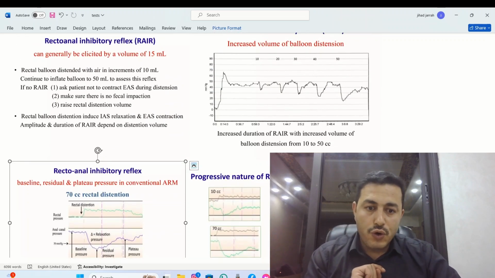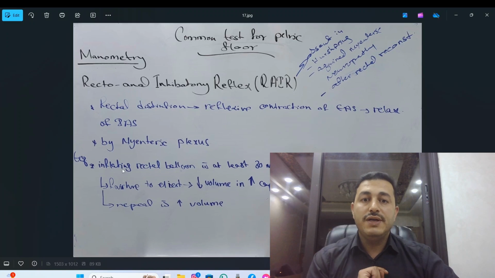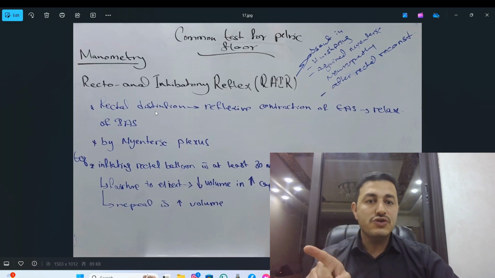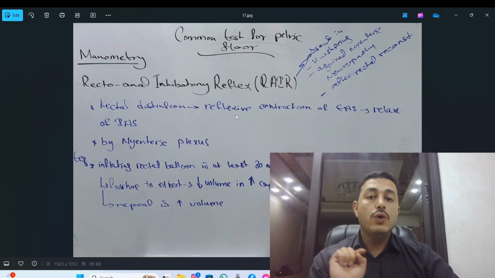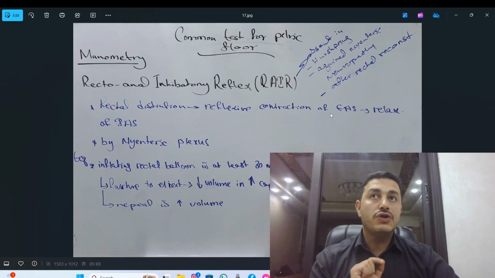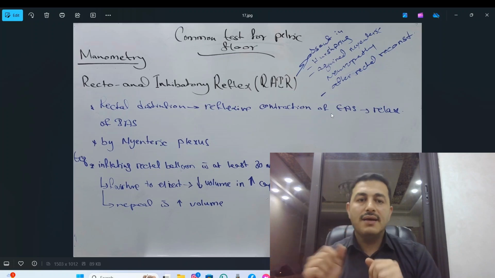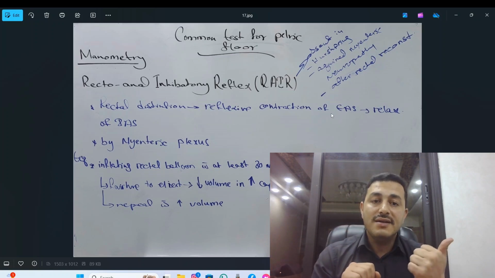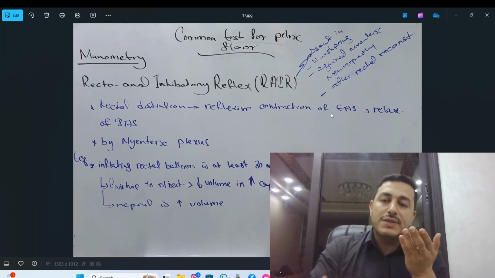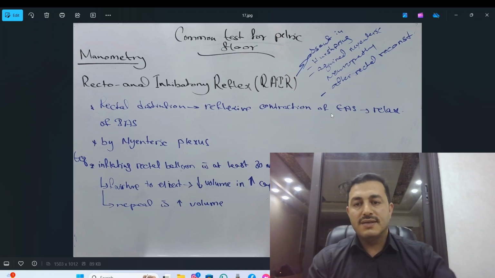Okay, we have a nice picture here. The RAIR reflex: rectal distension will cause reflexive contraction of the external, in other words the distal anal canal, and relaxation of the internal, in other words the proximal anal canal. This is by the myenteric plexus.